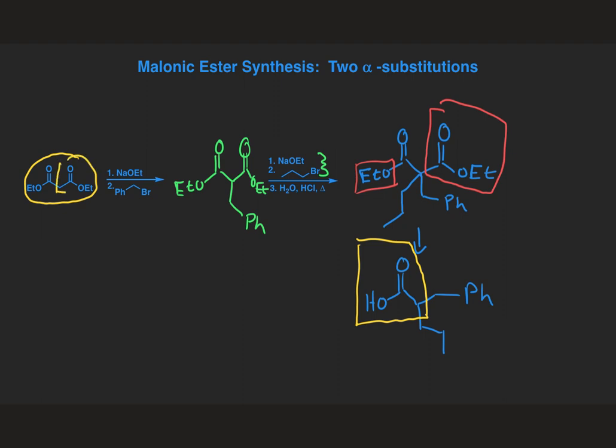Specifically, it's 1/2 of this. Then the benzyl group came in the first alkylation step from the benzyl bromide. And the propyl group came from propyl bromide in the second alkylation step.